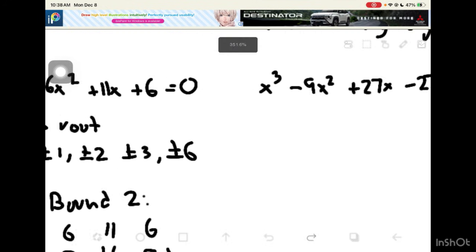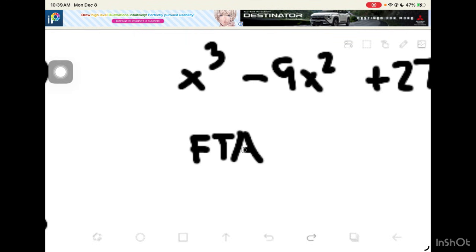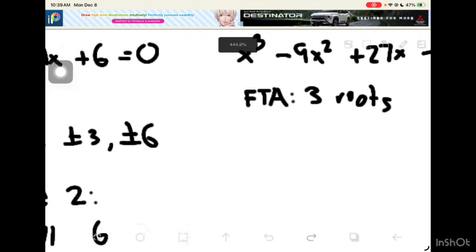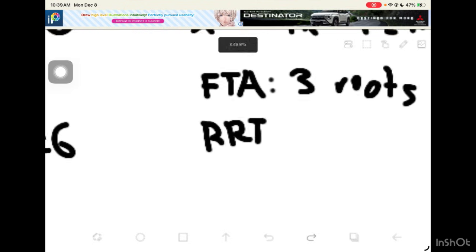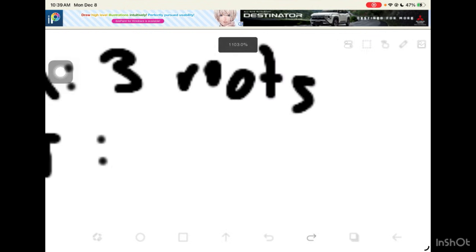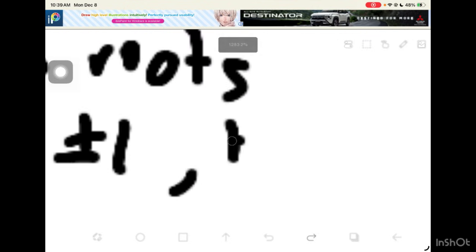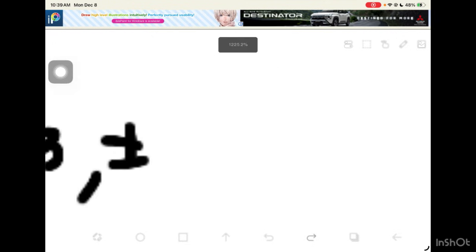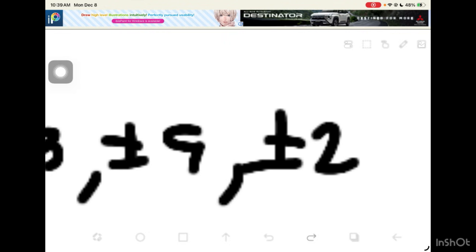Okay, first one. So by FTA, this also has 3 roots. RRT: the factors of 27 are plus minus 1, plus minus 3, plus minus 9, plus minus 27.